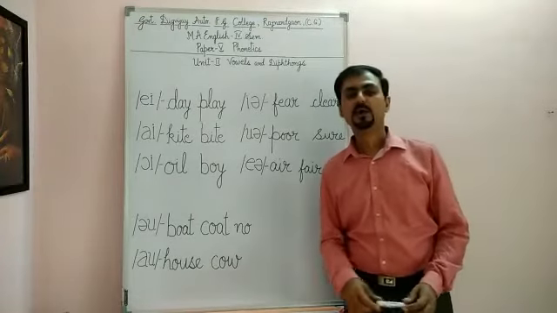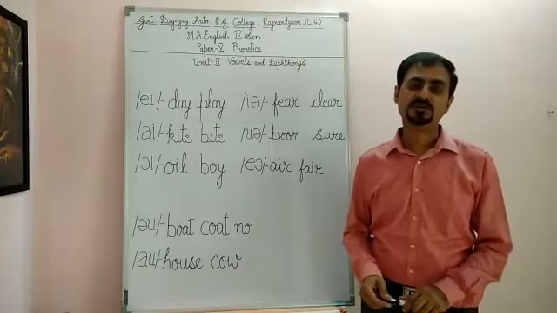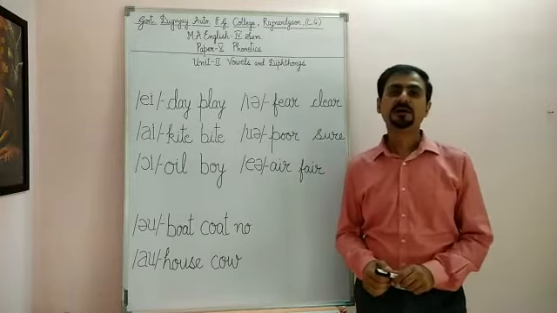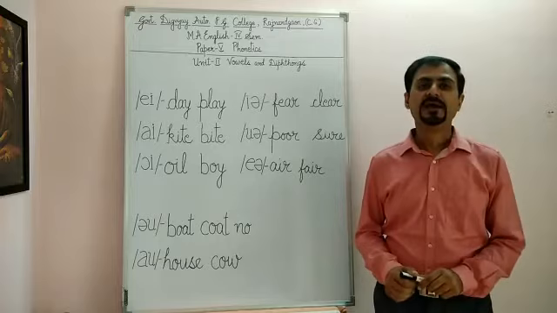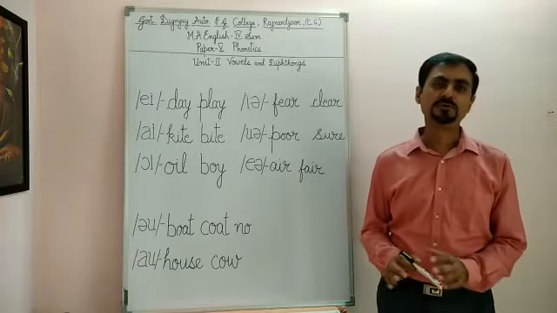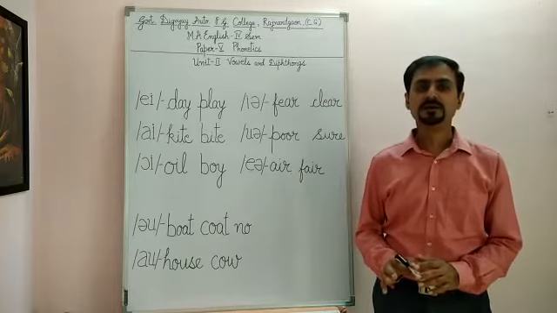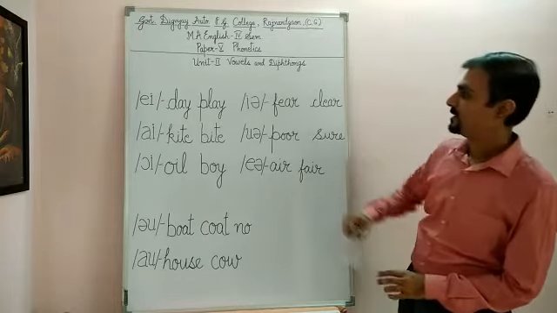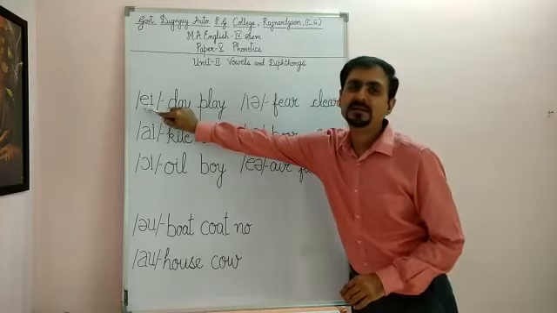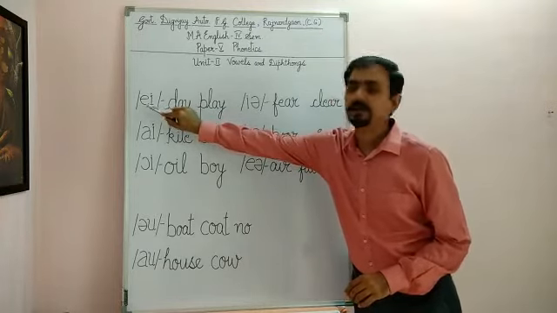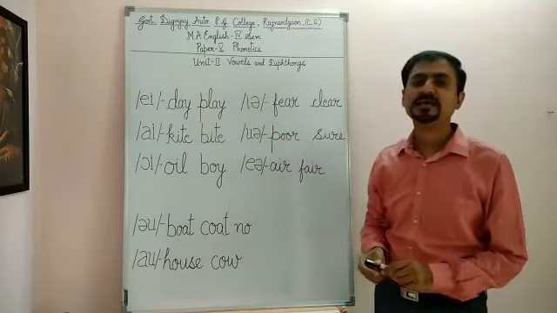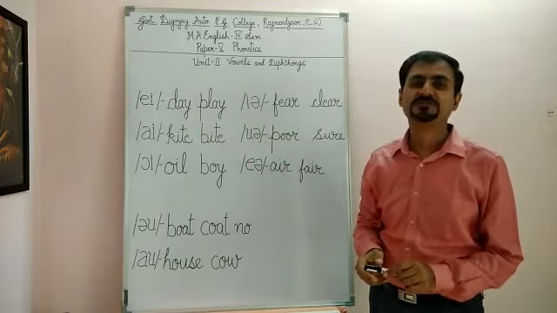Now let us see how diphthongs of English are pronounced. As I told you, diphthongs are 8 in number, and they are combination of the pure vowels. Two pure vowels combined together to make a diphthong. The first element in this diphthong is E as in bet, and the second one is I as in bit.